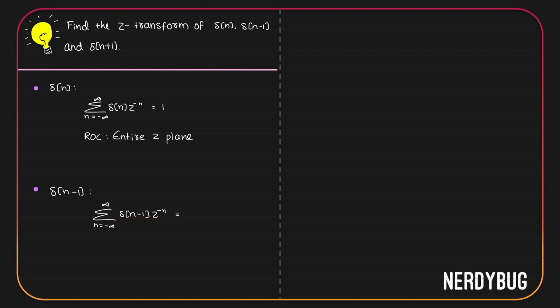At n equal to 1, we get delta of 0, z raised to minus 1, that is z raised to minus 1. Now, z raised to minus 1 will be a finite value for every value of z except for z equal to 0. If z is 0, this will become 1 by 0, which is unbounded. So we can conclude its ROC is the entire z plane except z equal to 0.